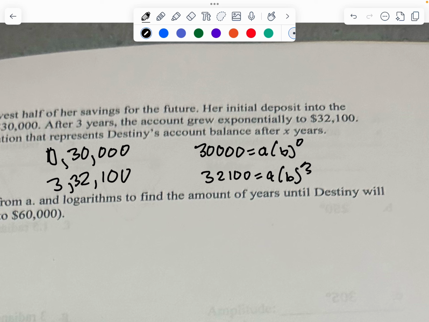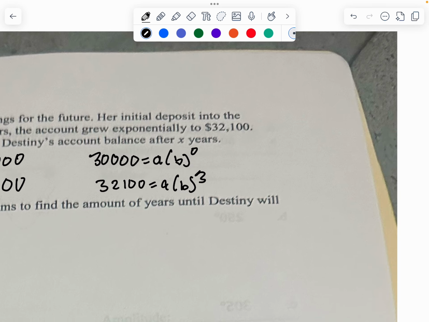Now we have to solve for a variable. So we're going to combine these two.